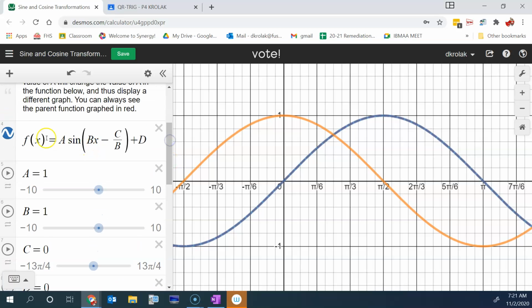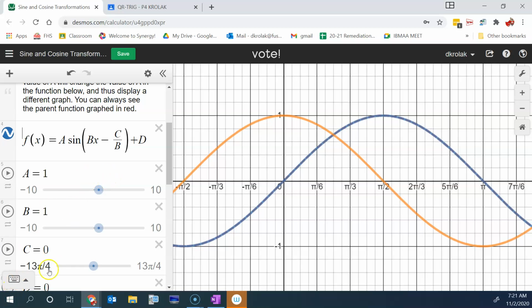So is the transformation going to be a vertical squeeze or stretch? The B is a horizontal squeeze or stretch. The C is going to be sliding it right and left, and the D is sliding it up and down. Okay, find one transformation that takes the blue sine graph and turns it into the orange cosine graph.